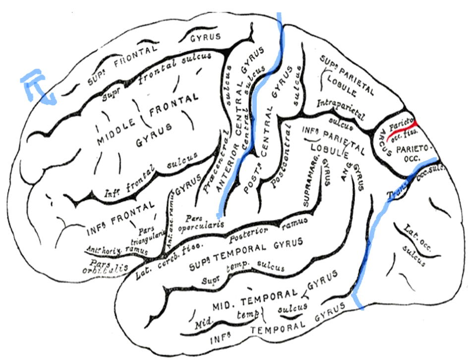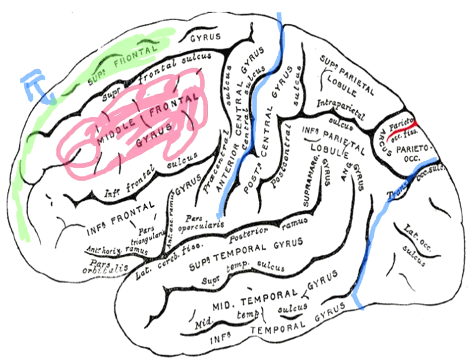Then we have the middle frontal gyrus, and it's all of this. And then we have the inferior frontal gyrus. So you have three gyri.